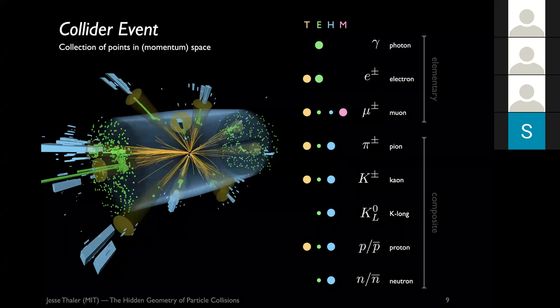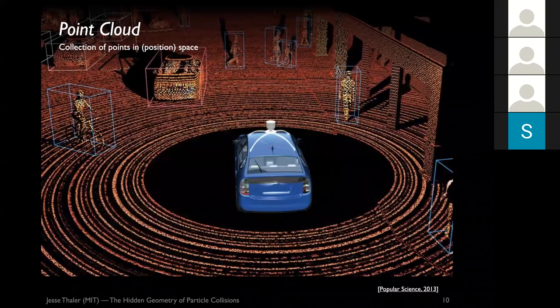For example, something that is on the horizon are self-driving cars, and LiDAR detectors for self-driving cars have the same type of data structure. That is, this LiDAR detector picks up points not in momentum space, but points in position space. And a lot of the data processing techniques that are relevant for self-driving cars and machine learning for self-driving cars are relevant in the collider context.